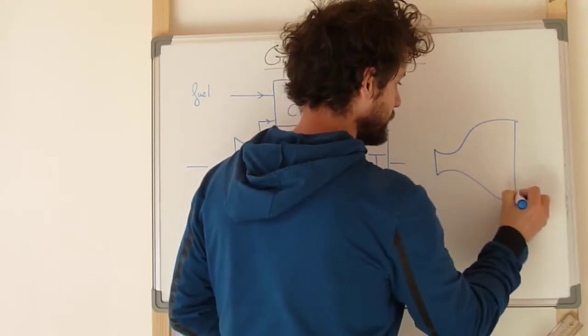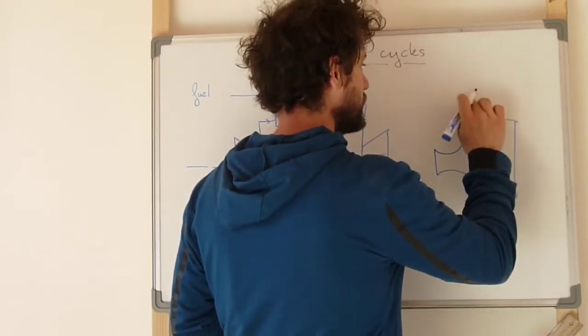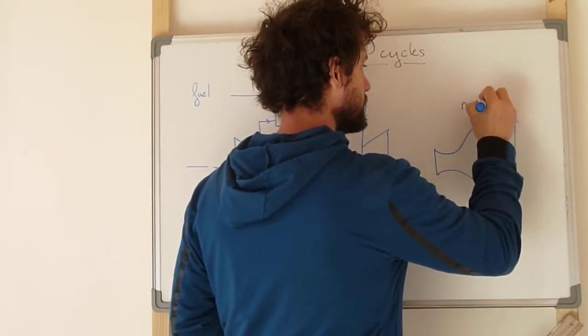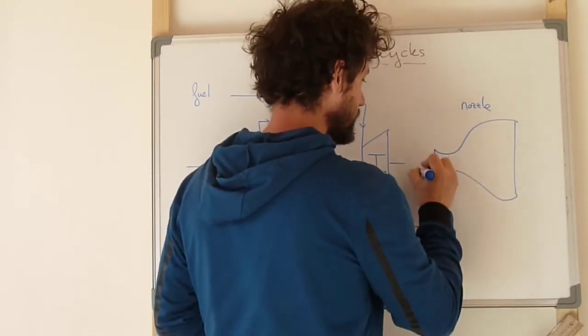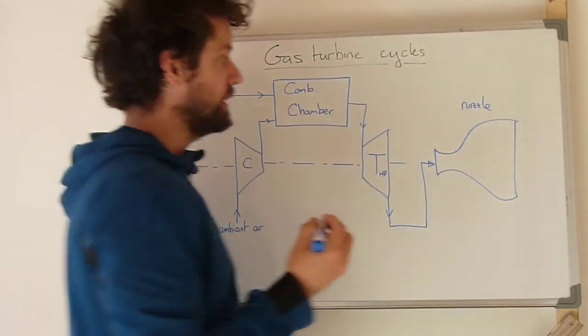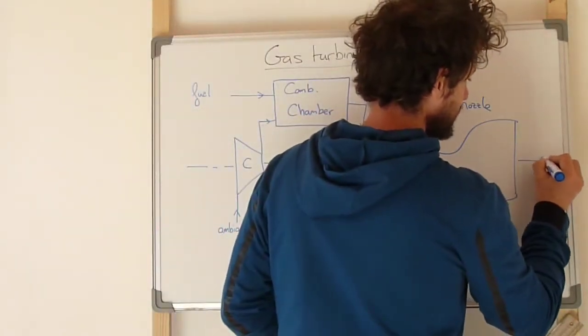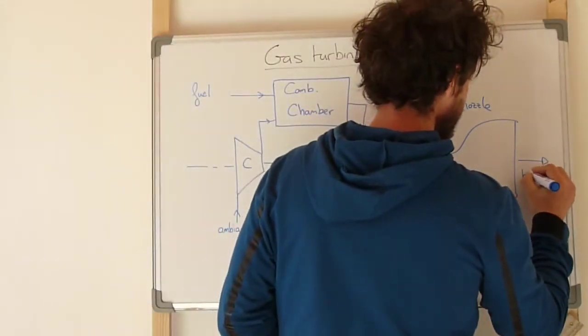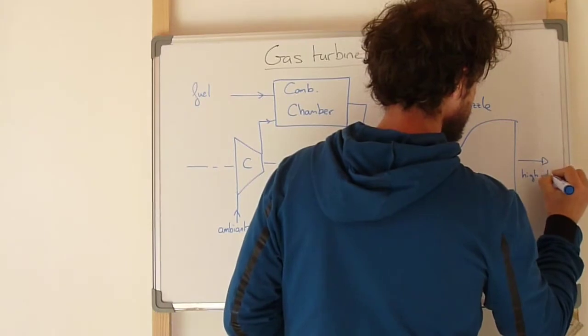So if we have, for example, a nozzle, and this gas is finally expanded in the nozzle, what we get at the outlet of the nozzle is a high velocity.